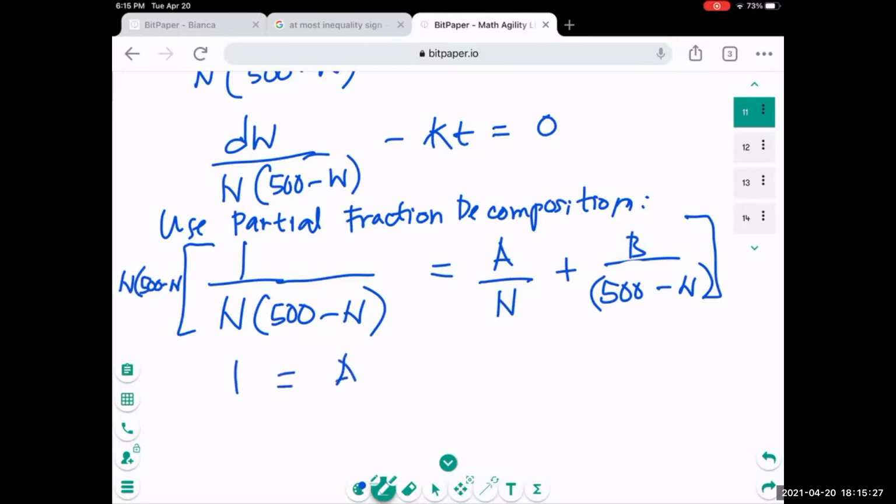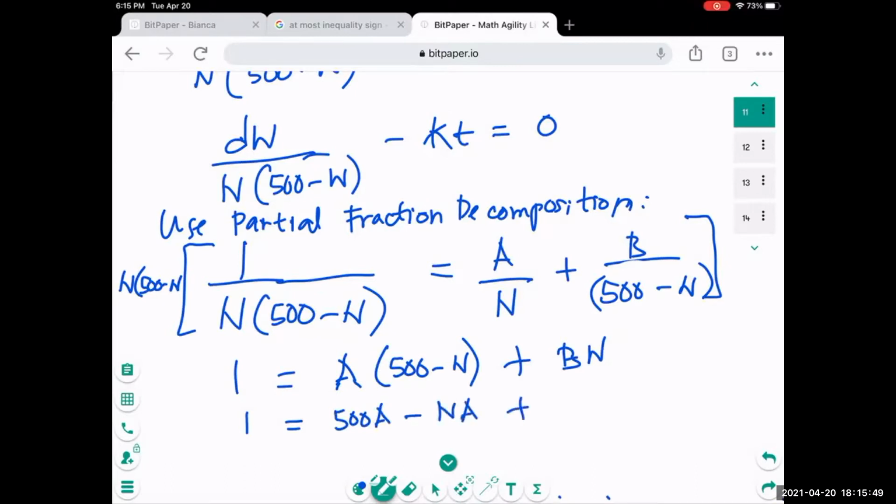A will multiply to 500 minus N, and B will be multiplied to N. Let's distribute A. This is still equal to 1, so 500A minus NA plus NB, and then let's combine all the constants and the variable N.